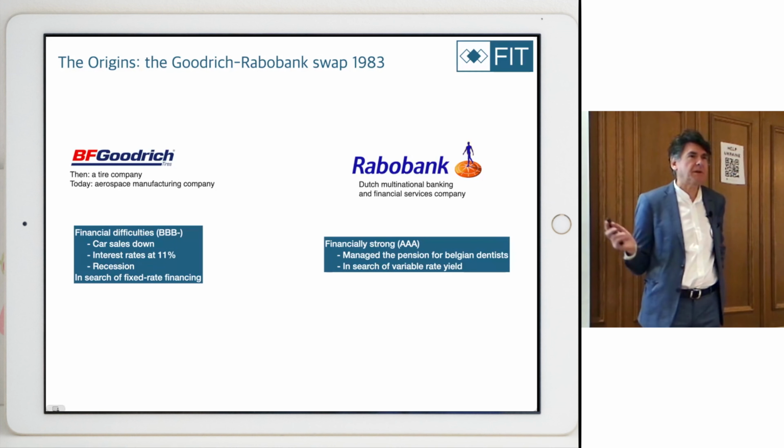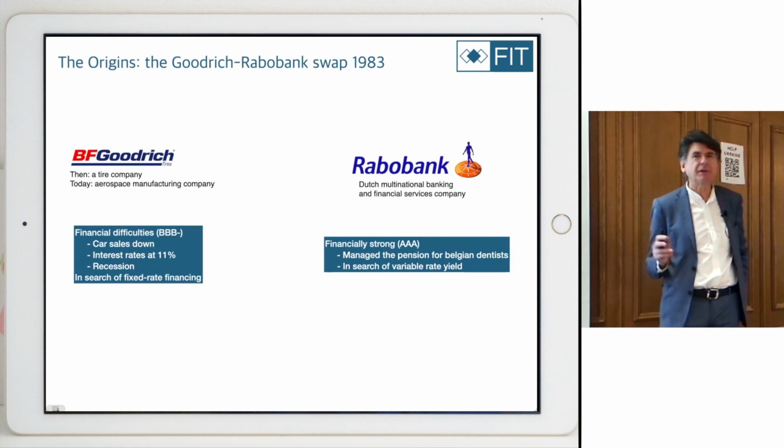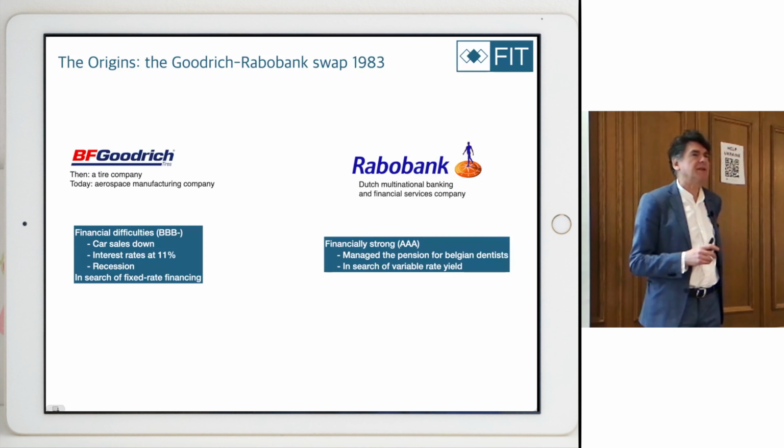Why? Although this is not a course in finance, I do want to spend a bit of time on that. Why, if you manage a pension, do you want variable rate? If it goes up, you want... No. What do pensions want? You have a pension.